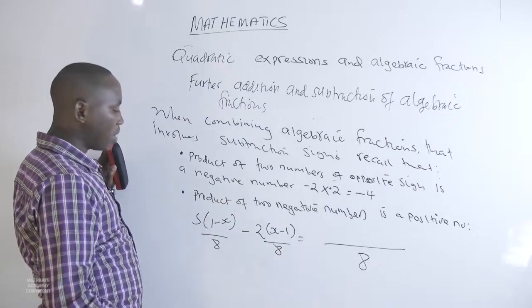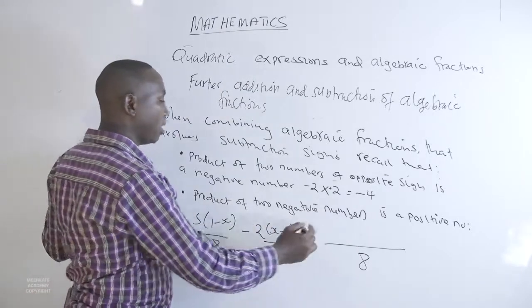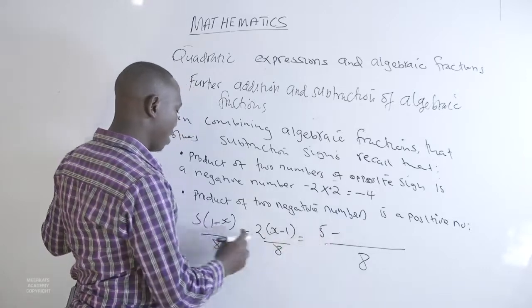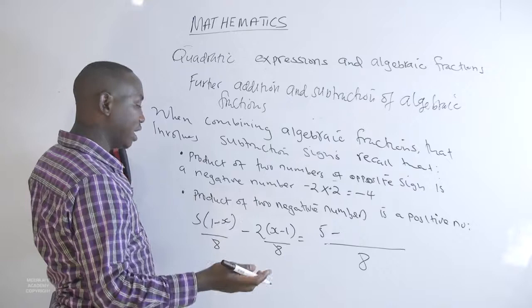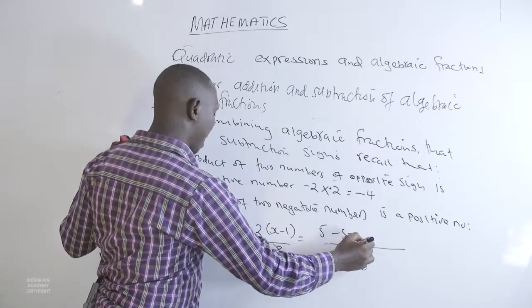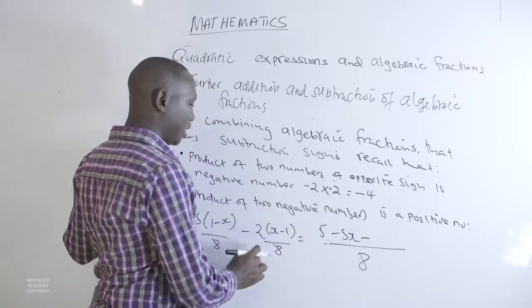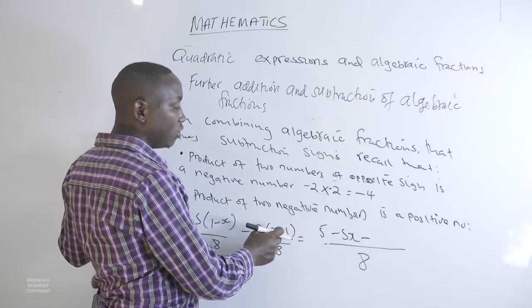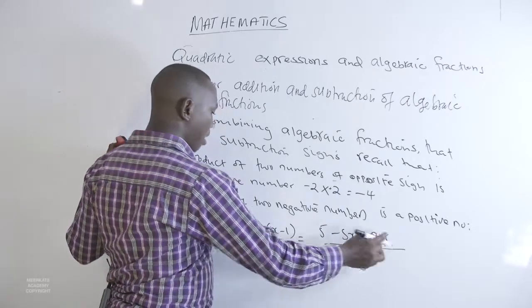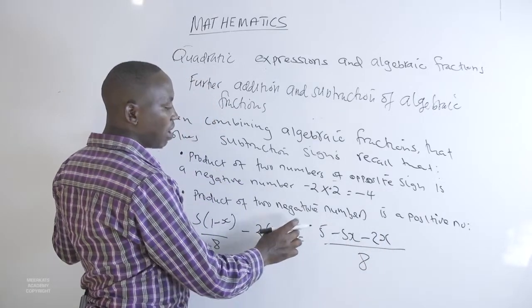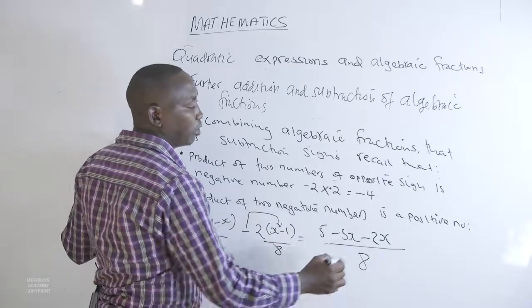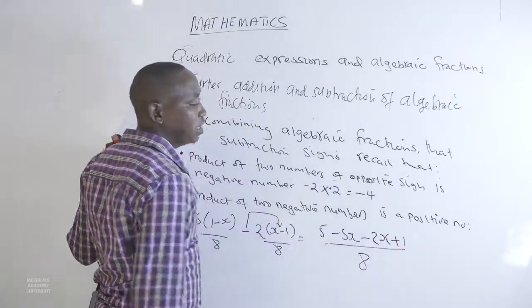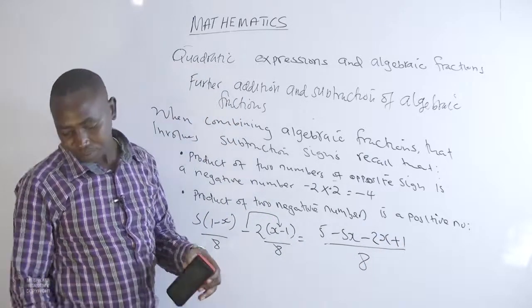But now when we expand, 5 times 1 gives us 5. 5 is positive times a negative, which gives a negative number, so minus 5x. We move on to this: minus 2 multiplied by x gives negative 2x. Minus 2 multiplied by minus 1 gives a positive number, which is positive 2.